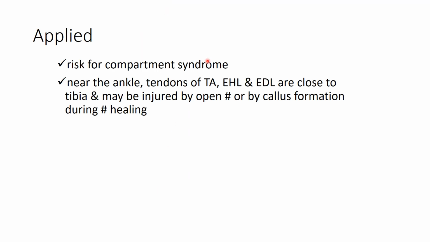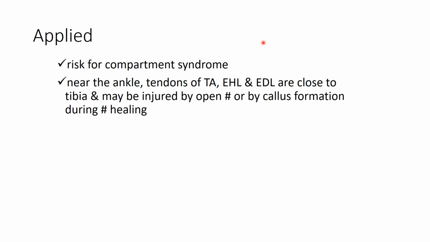Now the applied aspect related to this: as we know, the crural fascia is a thick fascia and it is attached to the bony portion through the anterior and posterior fascial septa. So these compartments are basically very tight muscular compartments, and any sort of hematoma or damage to the muscles may give rise to compartment syndrome.